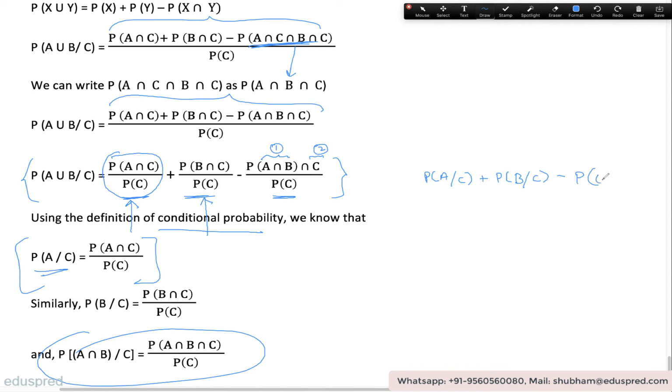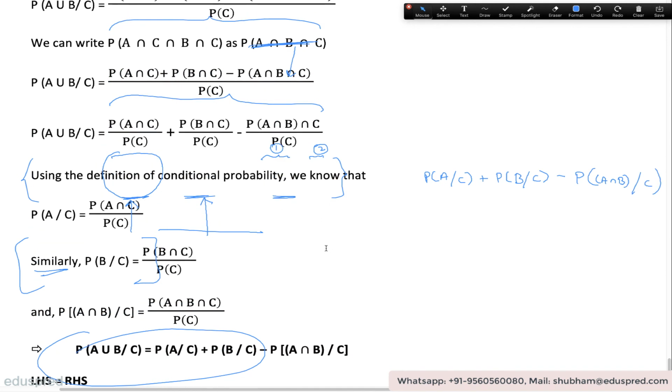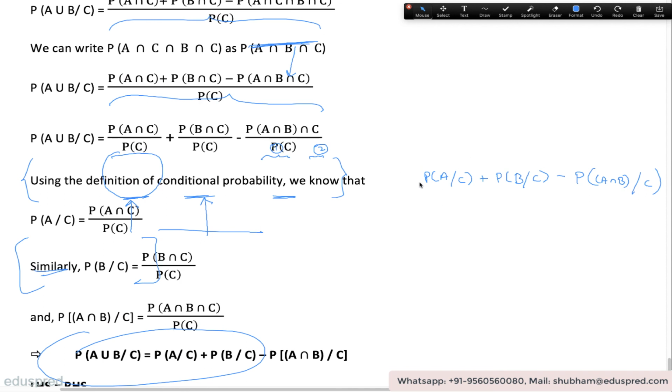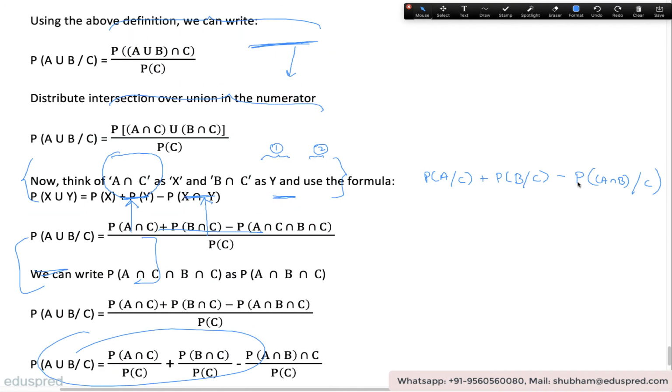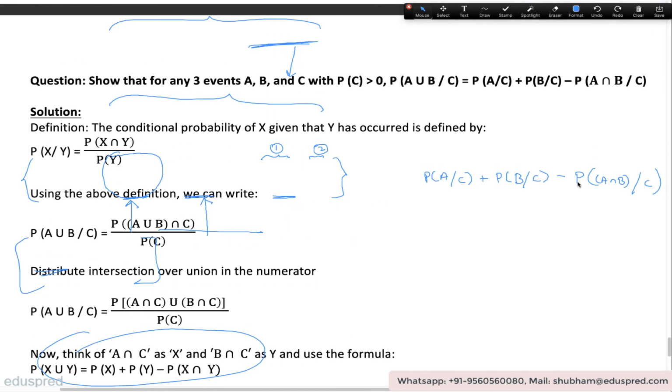In this case, the event number 1 is A intersection B, given that C has already happened. So this is how you can write the right hand side, and that means on the right hand side we get probability of A given C plus probability of B given C minus probability of A intersection B given C, and that's the thing they asked us to prove in the question.